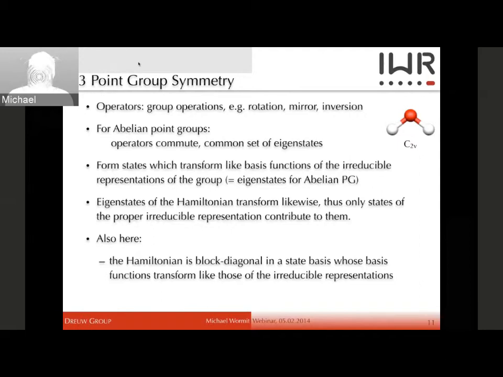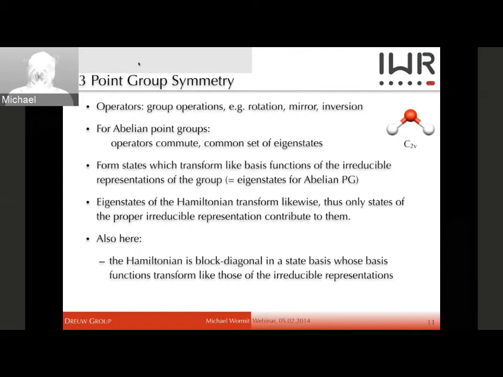I've put here an example for a molecule, a water molecule, which has C2V symmetry. So this has a rotational axis which is in the plane of the screen, going through the oxygen atom, and has 2 additional mirror planes. One is the screen plane, and the other one is perpendicular to the screen plane through the oxygen again. And this is an abelian point group.